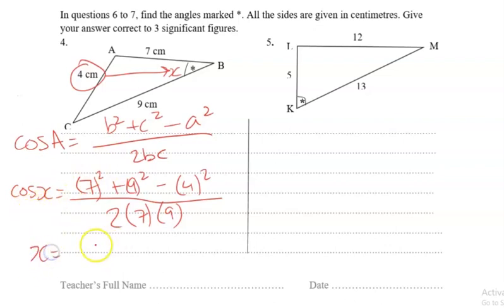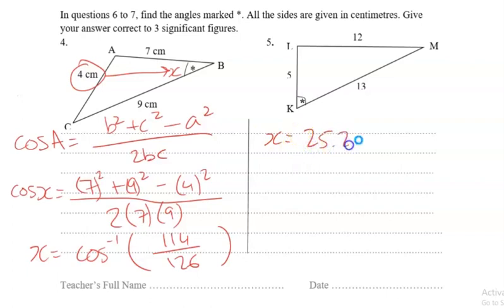So X equals cos inverse, and you plug the numerator into the calculator, we get 114 divided by 126. So now you put cos inverse of 114 over 126, and this should give us 25.2 degrees, correct to 3 significant figures.